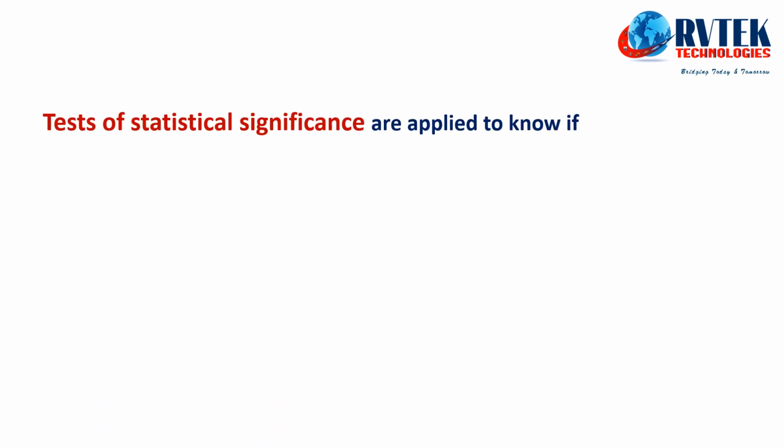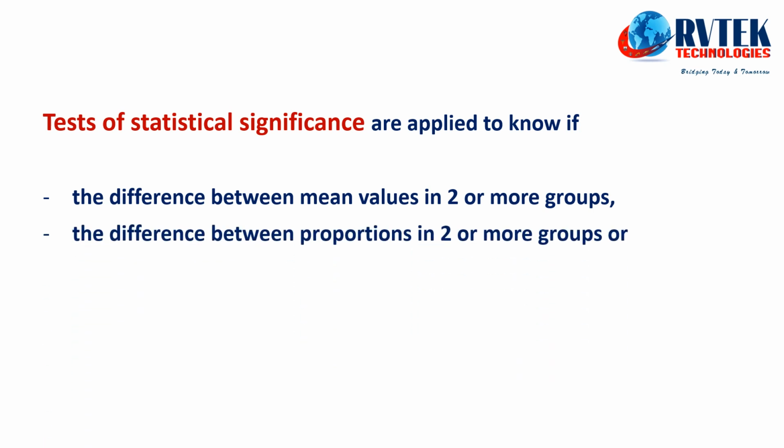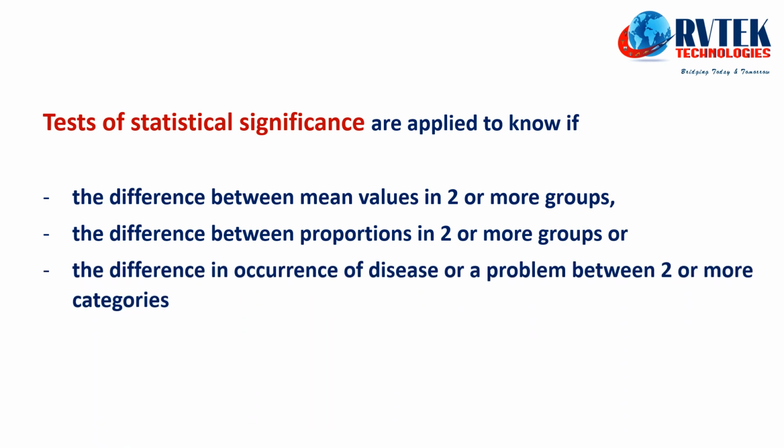Tests of statistical significance are applied to know if the difference between mean values in two or more groups, the difference between proportions in two or more groups, or the difference in occurrence of disease or problem between two or more groups or categories is statistically significant.